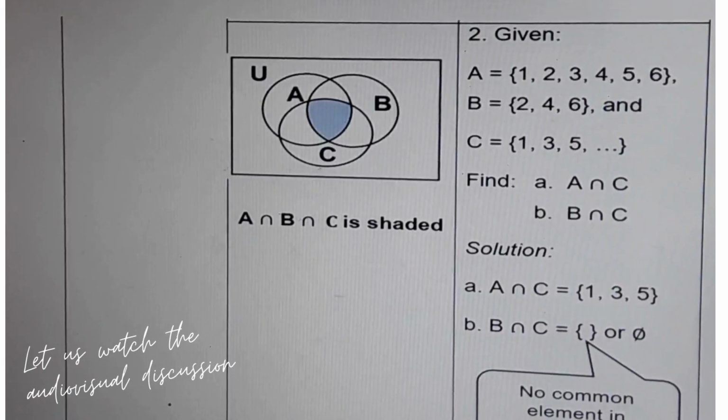Next, finding the intersection of B and C, comparing sets B and C, notice that there is nothing in common. So what will appear in your answer? The intersection of B and C is equal to an empty set.